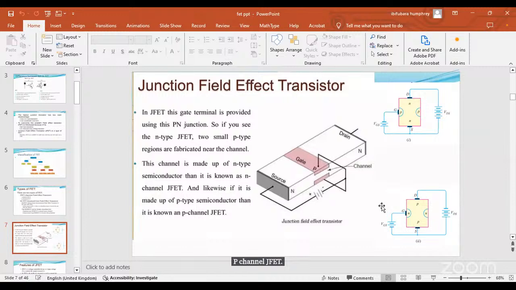If you look at the biasing, that is the application of the voltage, you see that it is reverse between gate and source. With respect to the source, the voltage is reverse bias.